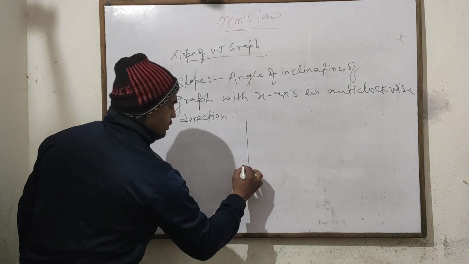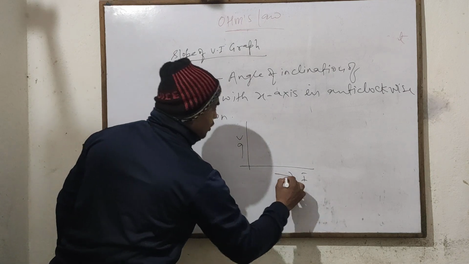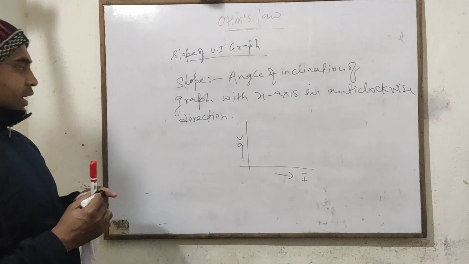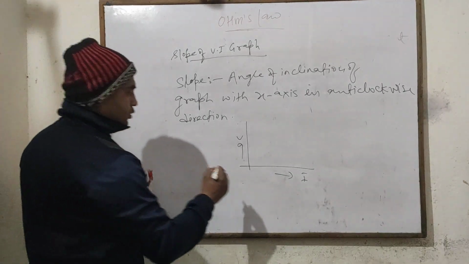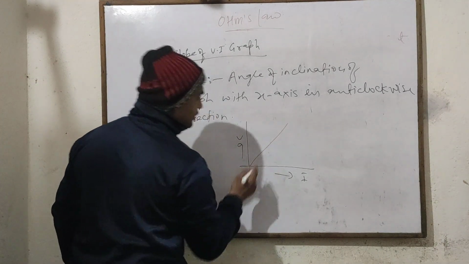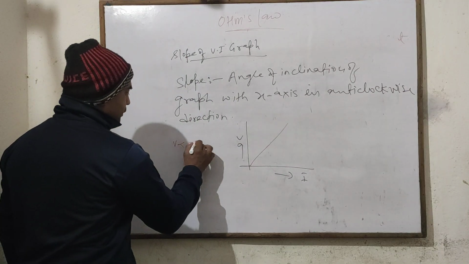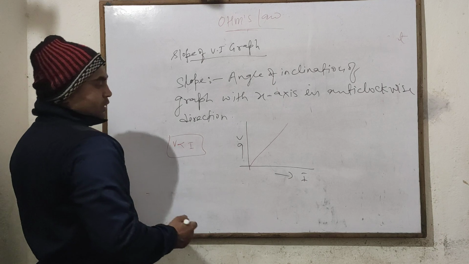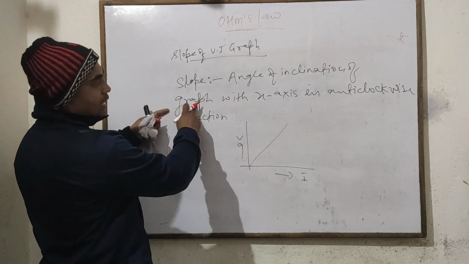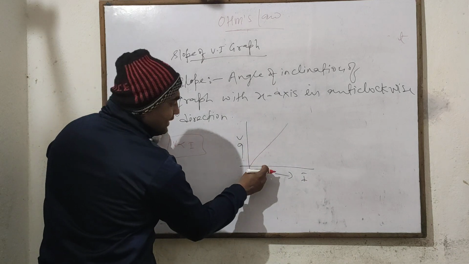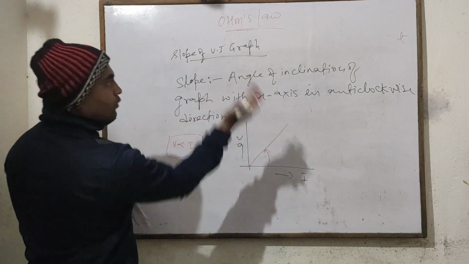See, this is your current and this is your voltage. On the y-axis we have taken the voltage, on the x-axis the current. How has this graph come? By Ohm's law, which told that V is directly proportional to I. Now this is the slope, the angle of inclination of the graph with the x-axis in the anti-clockwise direction.